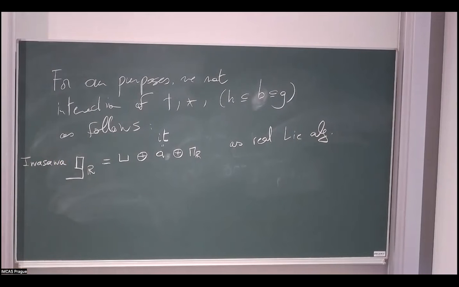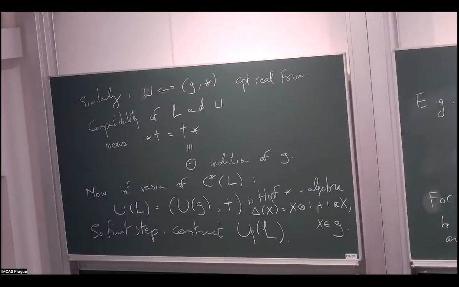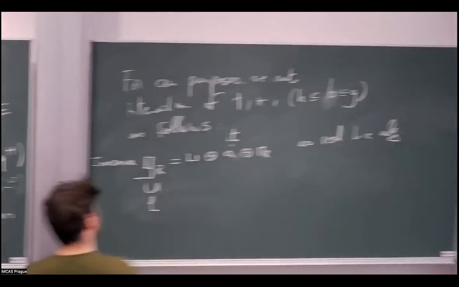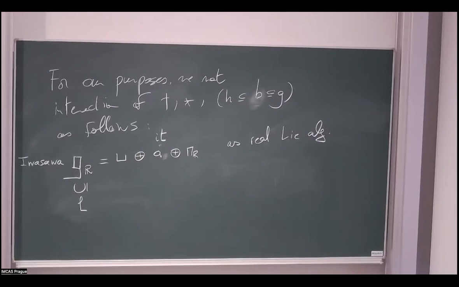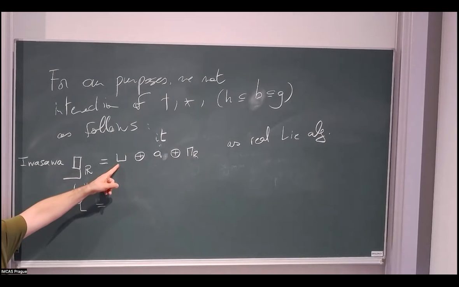And basically, I want my choice of my dagger, or what is the same thing, the choice of my L inside G, to be compatible with this Iwasawa decomposition. So if I view my L as a real Lie subalgebra of its complexification as a real Lie algebra, I basically want that it respects this direct sum.